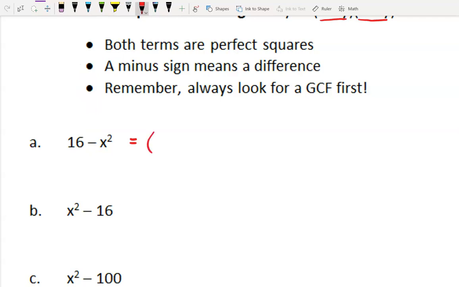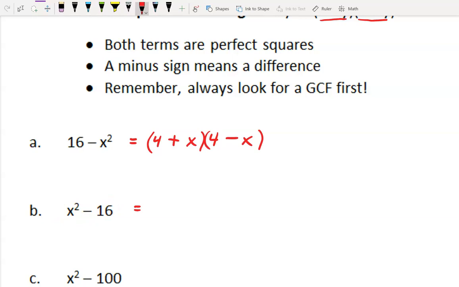That's why it's called difference of squares. Okay, if that's the case, we know these are conjugates. We know that we can take the perfect squares, and one is positive, one is negative. Check that. You'll see that it works. Okay, let's do this one. Is this difference of squares? Perfect square, perfect square. Difference.